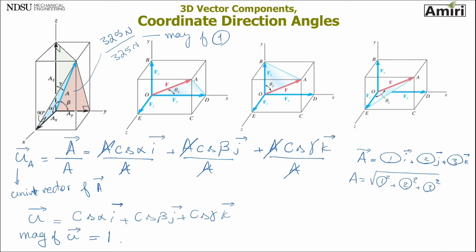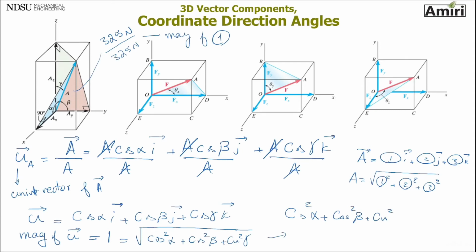So the magnitude of U is cosine alpha, cosine beta, cosine gamma, all squared. In other words, cosine squared alpha, cosine squared beta, cosine squared gamma equals 1.